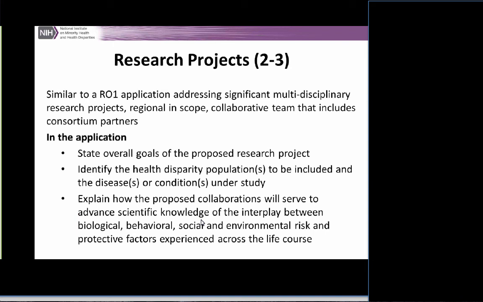2 to 3 research projects are expected to be a part of this application. In the application, state the overall goals of the proposed research project, identify the health disparity populations to be included, and of course the disease or condition under study, and explain how the proposed collaborations will serve to advance scientific knowledge of the interplay between biological, behavioral, social, and environmental risk and protective factors experienced across the life course.